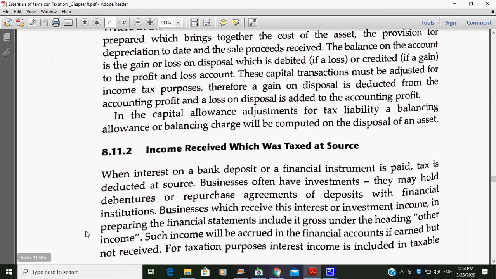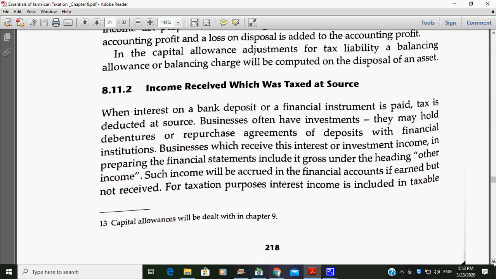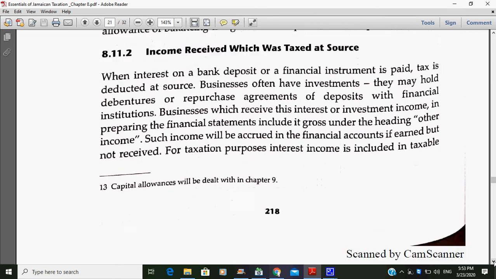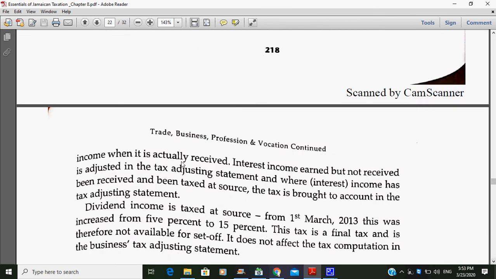Some income will be included in the financial accounts if earned but not received. For tax purposes, interest income is included in the taxable income when it is actually received. Interest income earned but not received is adjusted in the what? Tax adjusting statement. And where interest income has been received and been taxed at source, the tax is brought to account in the tax adjusting statement.